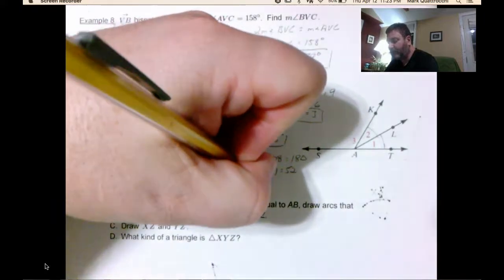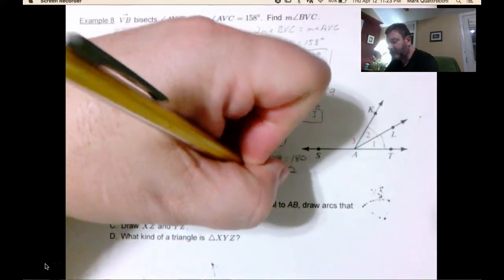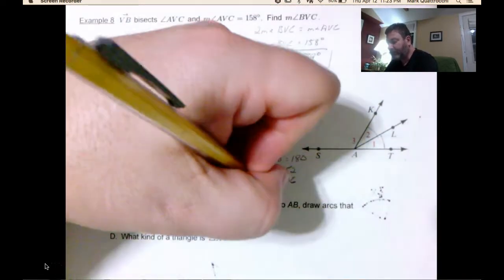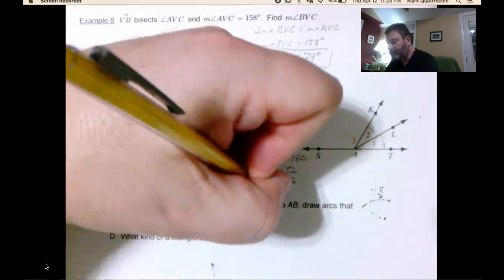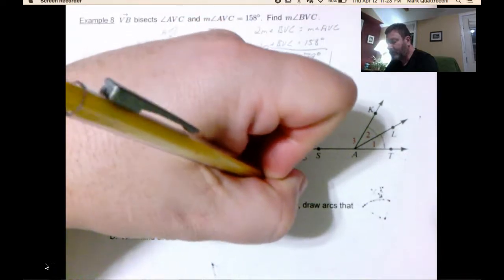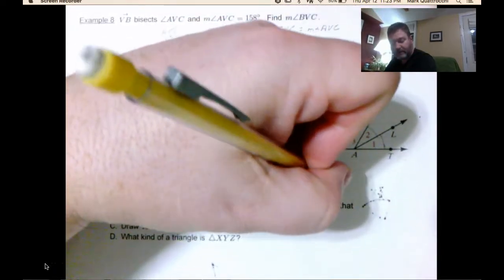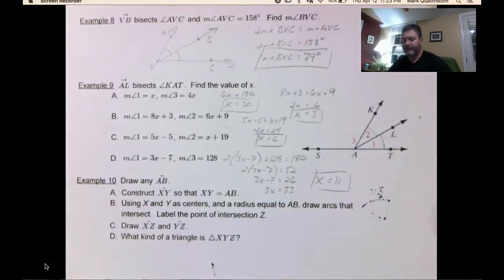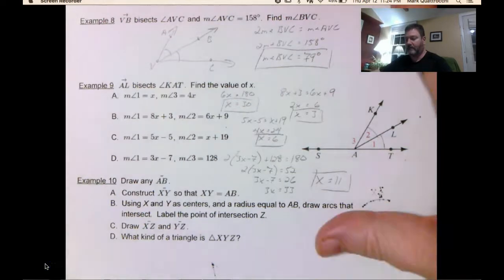Divided by 2, 3x minus 7 equals 26. 3x equals 33. X equals 11.